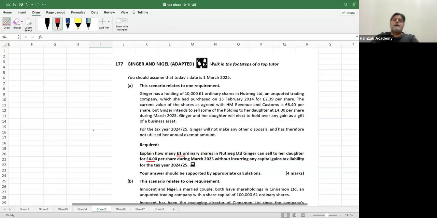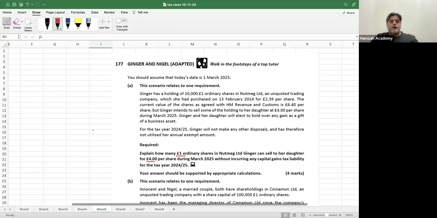Because if you are getting something, although it's a minimal amount, you will have to calculate the gain for that amount. So overall speaking, Ginger has not utilized any annual exempt amount over here, so we can calculate up to the amount that the annual exempt amount is not utilized or not, right?